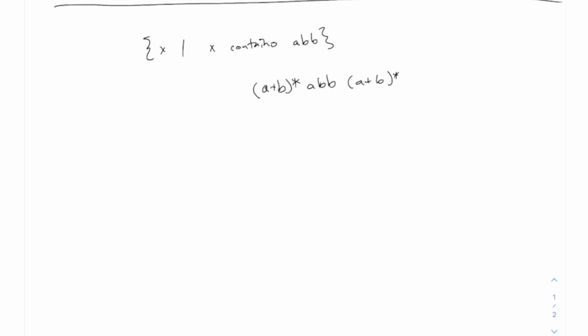All right. Last time we also did something like, how about x contains a, b, b in that order, but not necessarily consecutive.